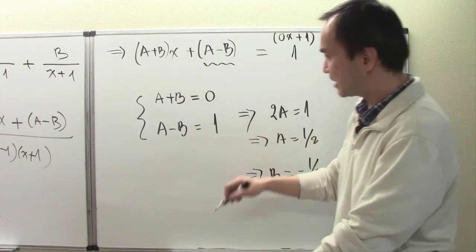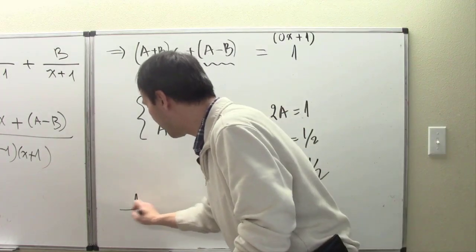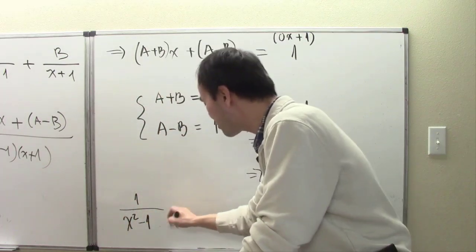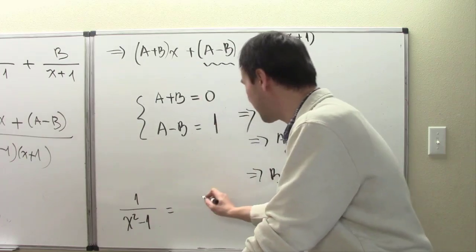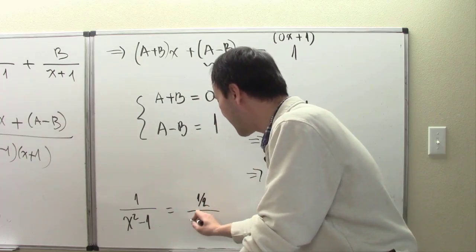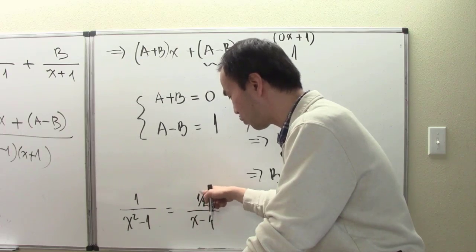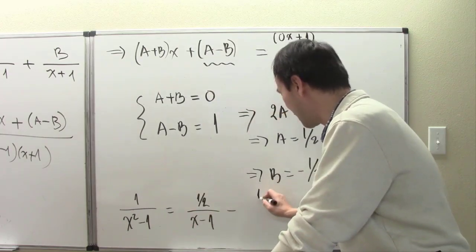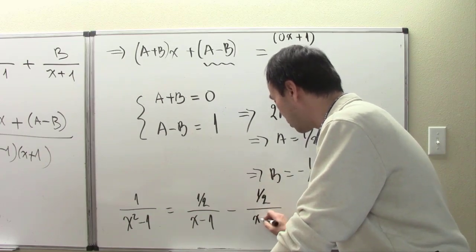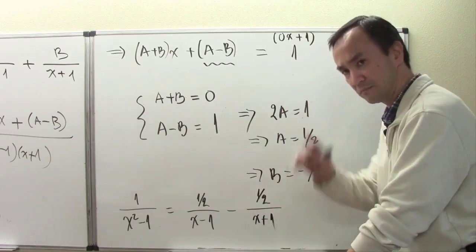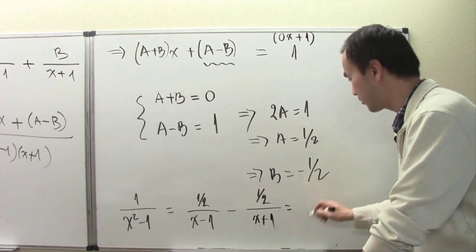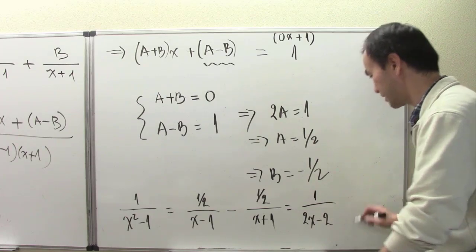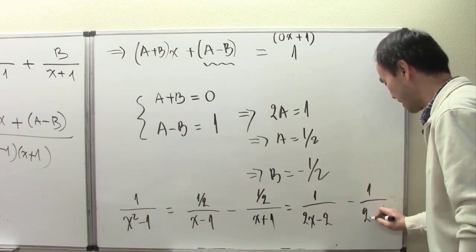So ultimately, if our problem from the beginning was 1 over x squared minus 1, then the partial fractions will be found to be 1/2 over x minus 1, which you can write as 1 over 2x minus 2, the same thing, minus 1/2 over x plus 1, or 1 over 2x plus 2.